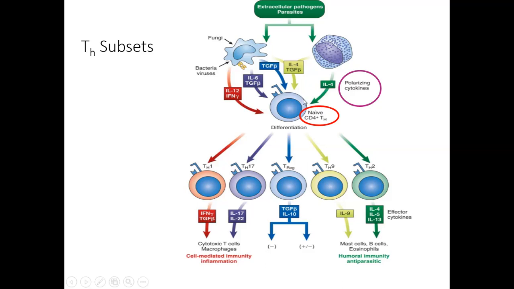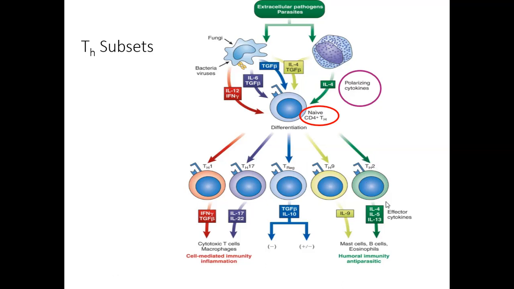So let's look at another one. For example, we see an antigen presenting cell release, maybe it saw a bacteria. It releases a cytokine, interleukin 4, that again acts on this naive T cell to cause it to develop and differentiate into a T helper 2 cell.